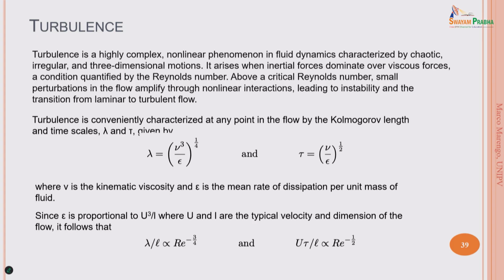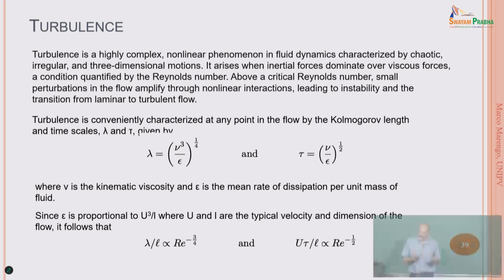If you consider the kinematic viscosity nu and the rate of dissipation, the viscous dissipation per unit mass of the fluid, the Kolmogorov length is equal to the kinematic viscosity to the power 3 divided by the rate of dissipation, all to the power 1/4. And tau is equal to the square root of the kinematic viscosity divided by the dissipation.